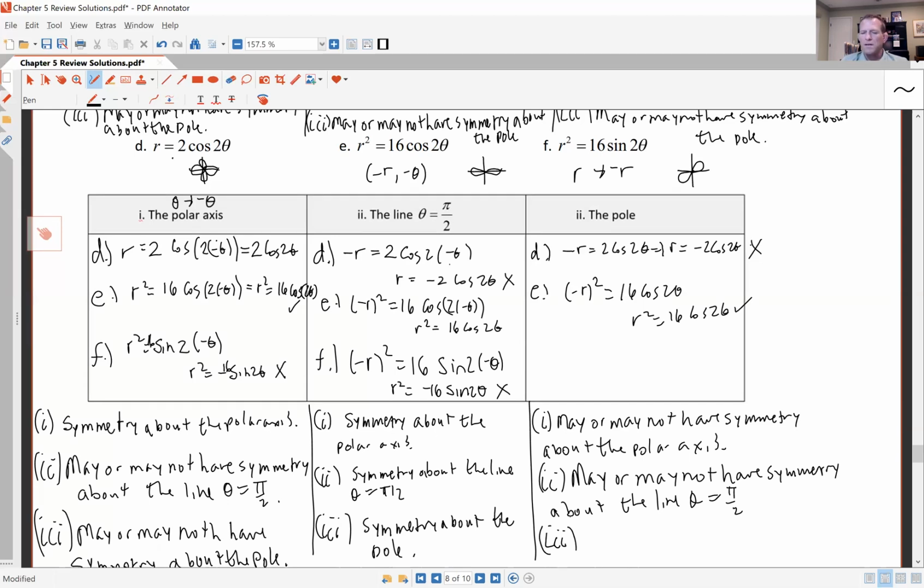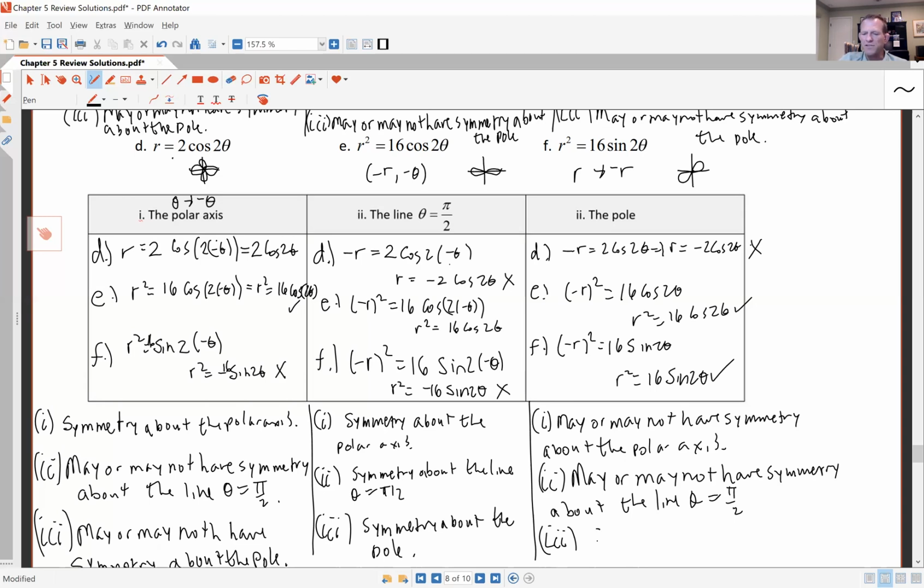Third one, symmetry about the pole. When you look at the graph, it certainly looks like it has it. We're going to change r to negative r, keep theta the same. Because negative r squared is r squared, we ended up with the same thing that we started with, r squared equals 16 sine 2 theta.